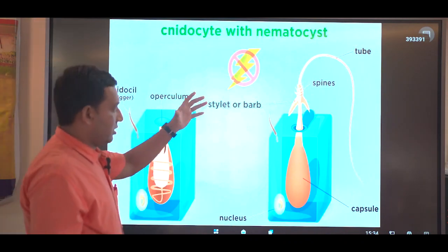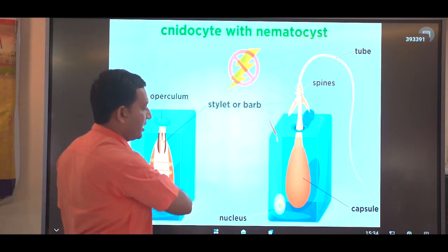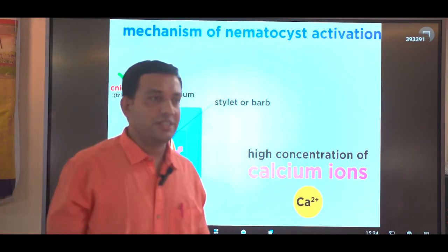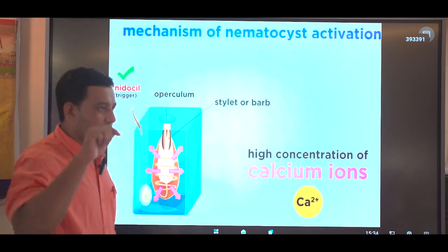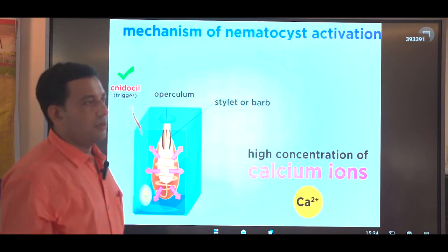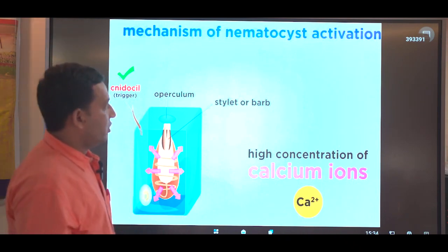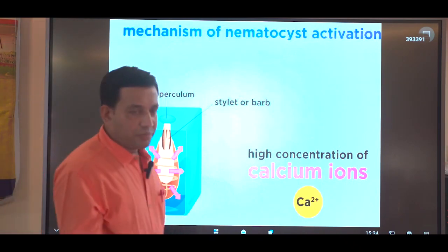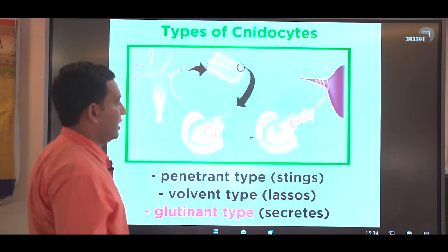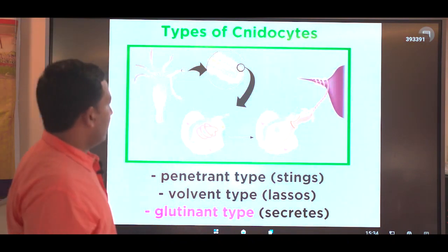Another picture of the cnidocyte with spines. One most important thing is that those stinging cells inject a paralyzing toxin, not electricity like other stinging organisms. They inject a paralyzing toxin, which paralyzes small animals, or in case of larger organisms, it will cause damage or injury in the body, which we'll see later.